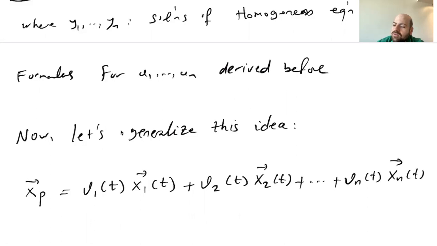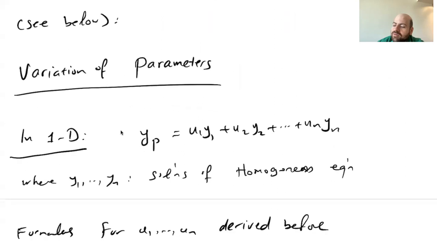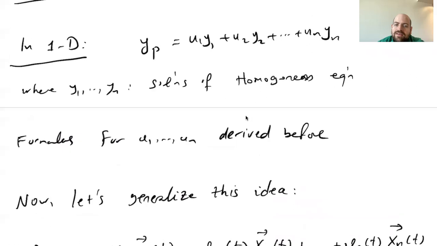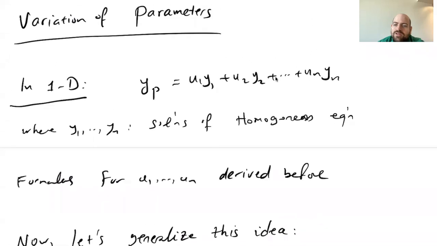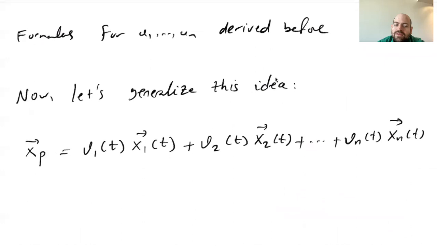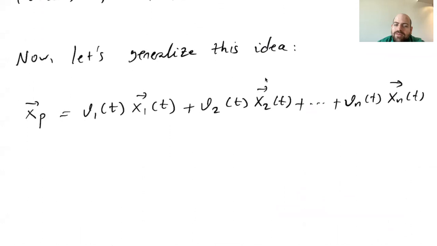If we compare this formula with the 1D formula, you can see that these are similar. Here, y1 to yn are one-dimensional solutions of the homogeneous equation because we are in 1D. But here, the xi's are vectors, n-dimensional vectors, because we are now in dimension n.